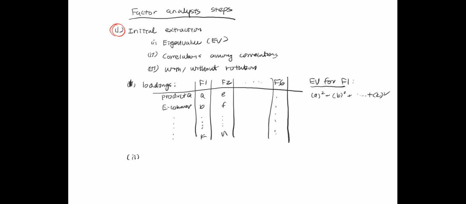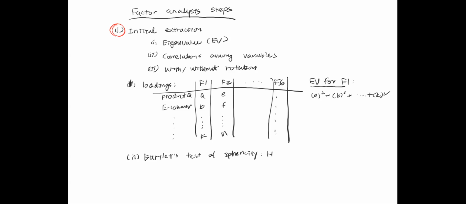Another thing I didn't mention in the slide is how to check the correlation among the variables. You can create the correlation matrix using the variables, but I will introduce this test, Bartlett's test of sphericity. This tests the correlations among the variables.